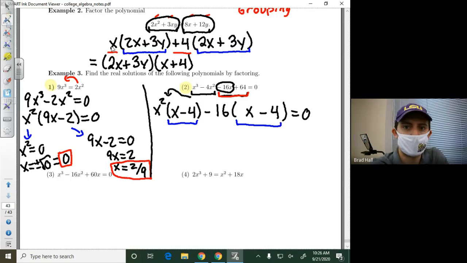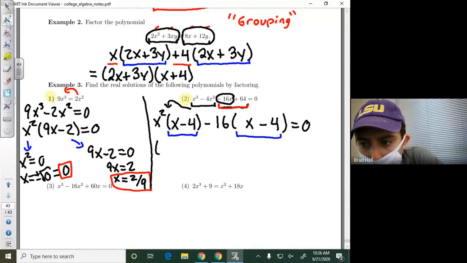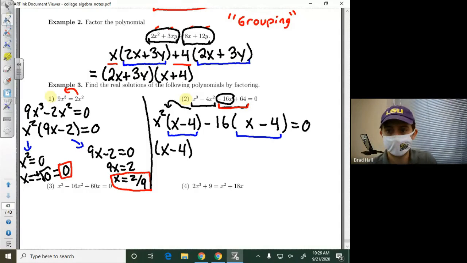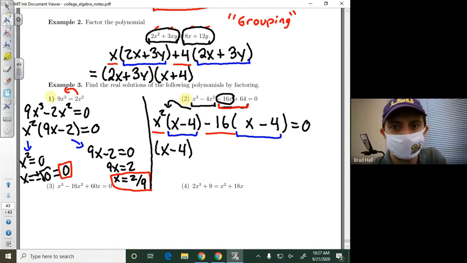And so with this match, we can go ahead and factor out this common x minus 4. What are we left with after we factor that out? X squared minus 16.